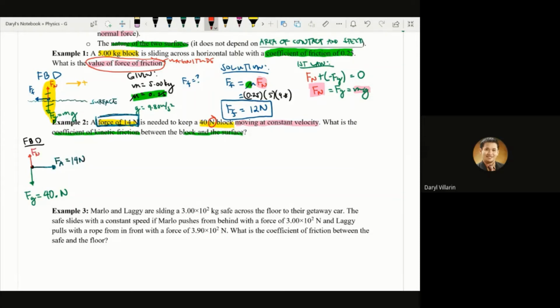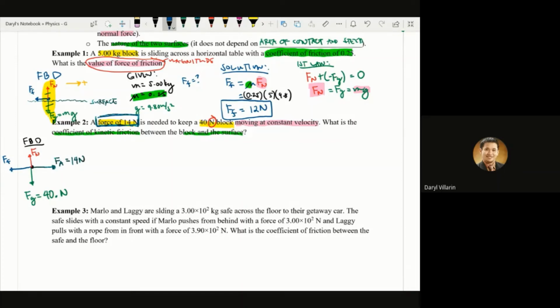If this is moving to the right, obviously the direction of the applied force would usually be the direction of motion of the object, so the object will tend to move in that direction. So I have friction to the left.